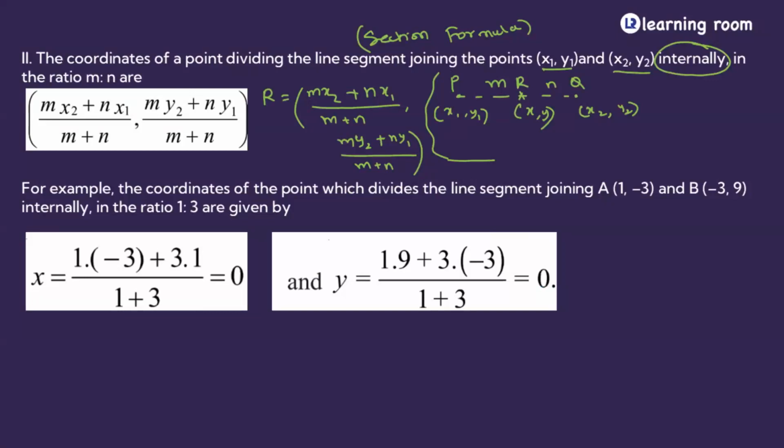The coordinates of a point dividing the line segment joining. So underline that word internally, okay? So the section formula which is given here, there are two kinds actually. One is internal, one is external. So internally means it is plus, externally means minus.